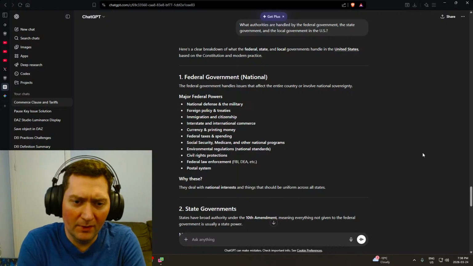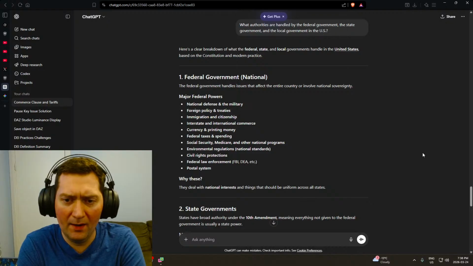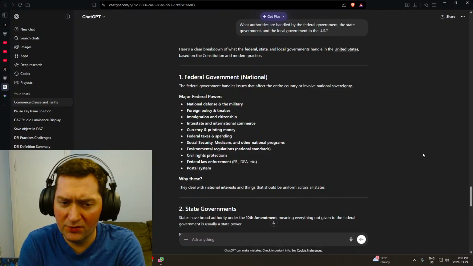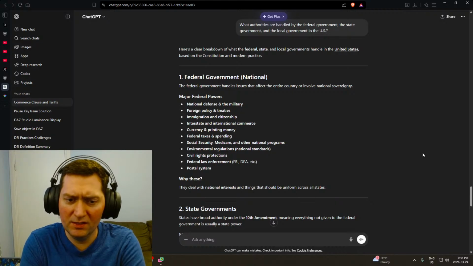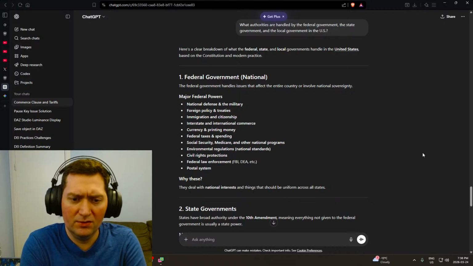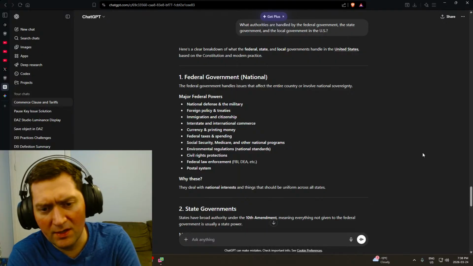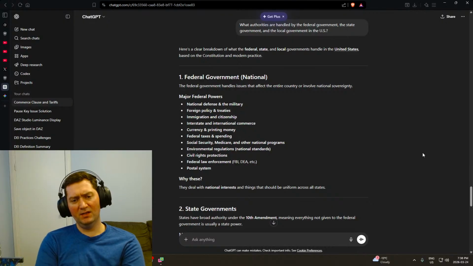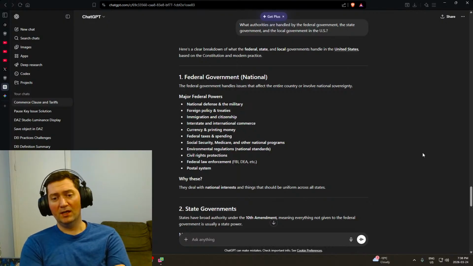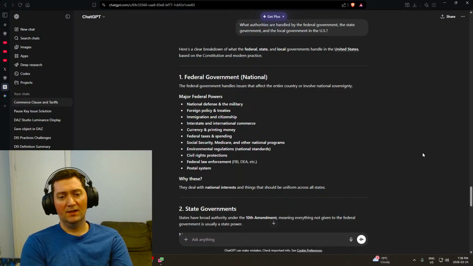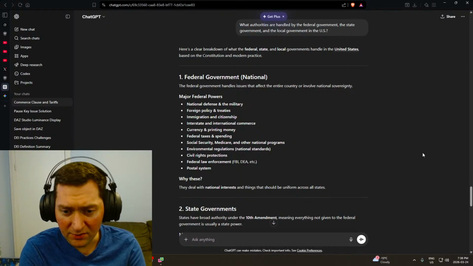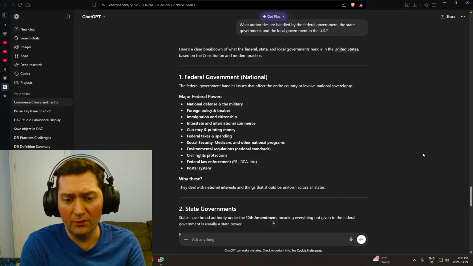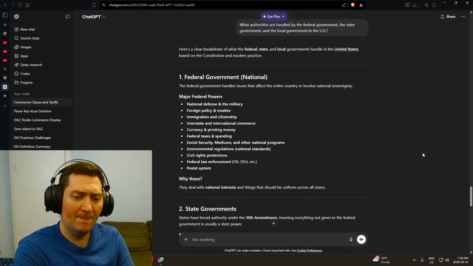The federal government's major powers: national defense and the military, foreign policy and treaties, immigration and citizenship, interstate and international commerce, coining and printing money, federal taxation and spending, Social Security, Medicaid, and other national programs, environmental regulation, national standards, civil rights protections, federal law enforcement, the FBI, DEA, and the postal system.